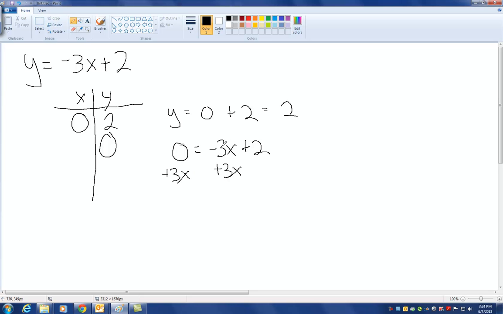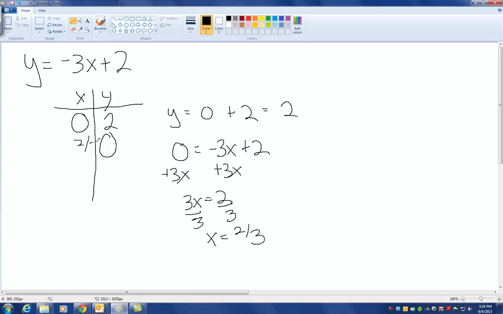It's negative 3x. That's the expression, so that needs to be added to both sides. So I got 3x equals 2. Divide both sides by 2. Scrap that. Why would I divide by 2 when I could divide by 3 and leave with x equals something? And you've got x equals 2/3.